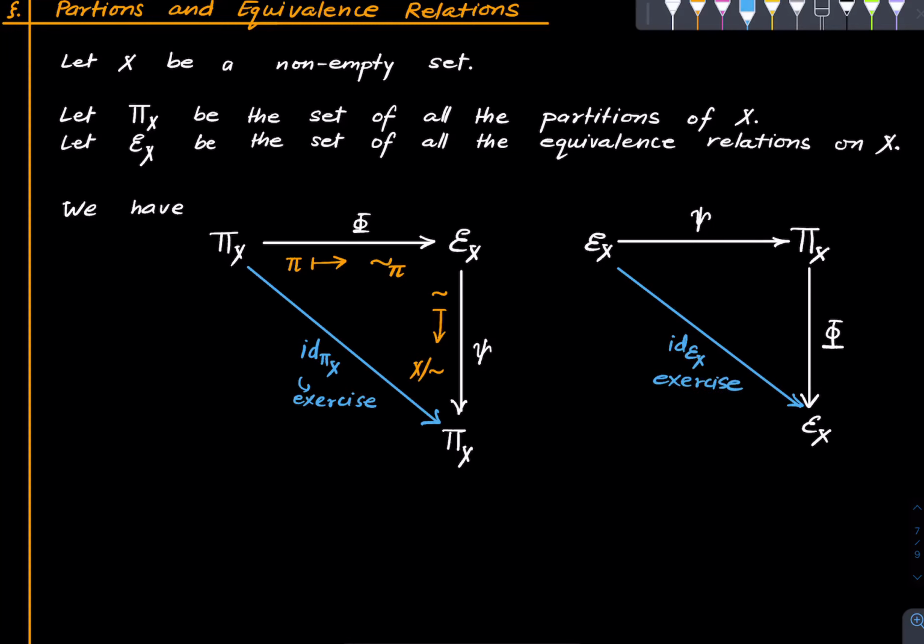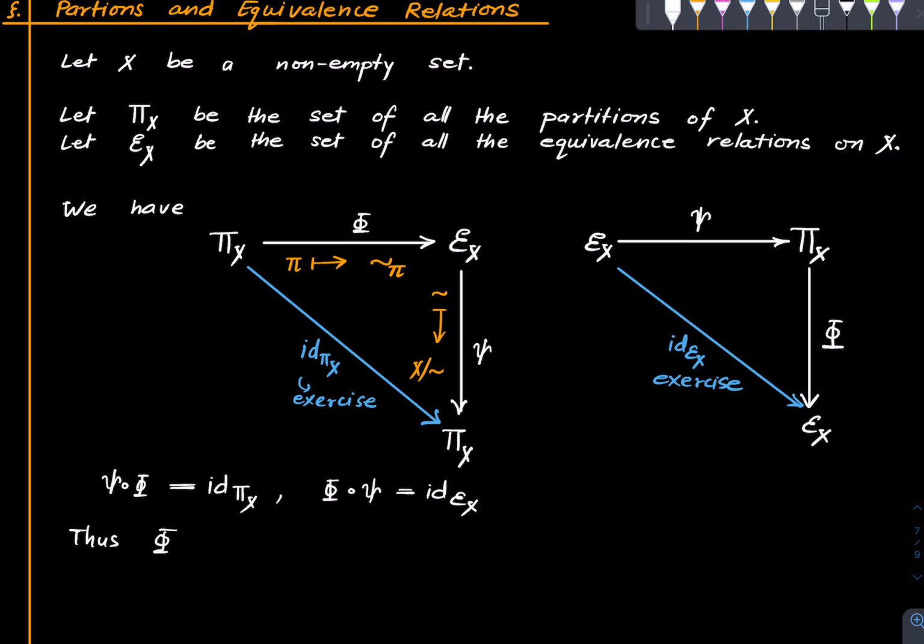So these two are exercises, and once you do them, you see that psi composed with phi is identity on the partitions of x, and phi composed with psi is identity on the equivalence relations on x. I think I miswrote, but psi composed with phi is fine. This is what you need to show.